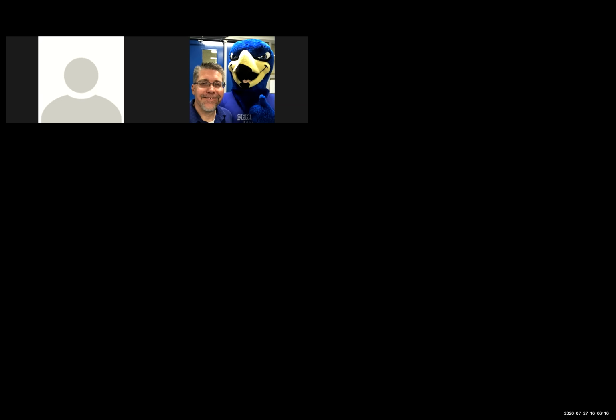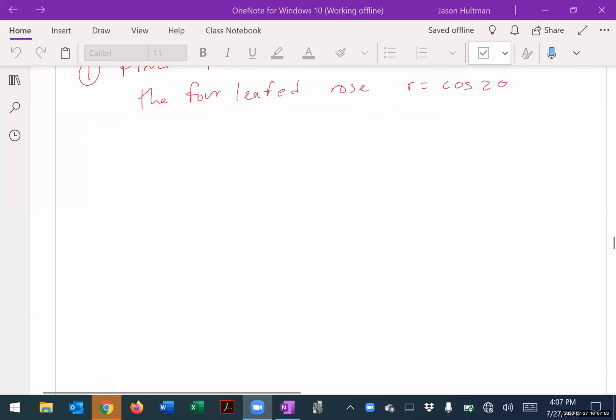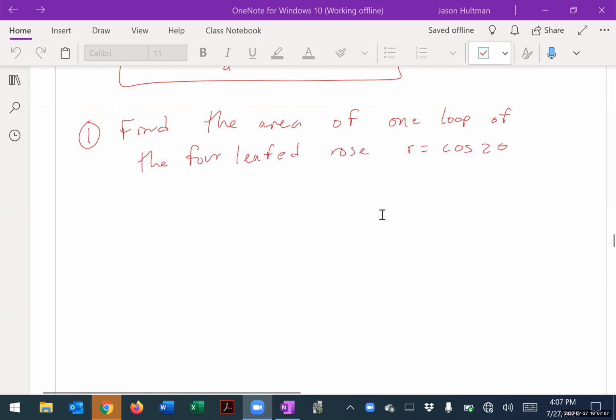So let's go back to, okay. So let's find the area of one loop of the four-leafed rose r equals cosine 2 theta.